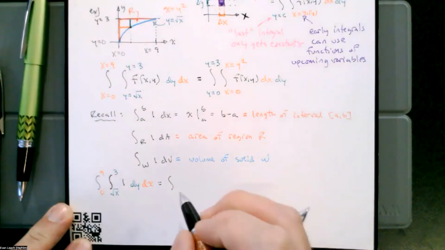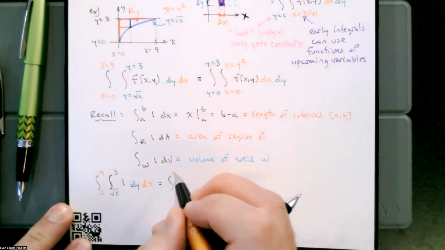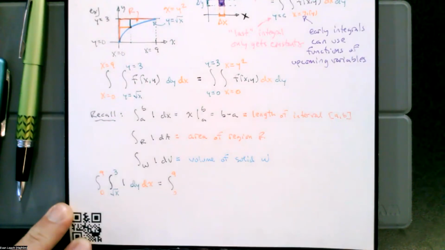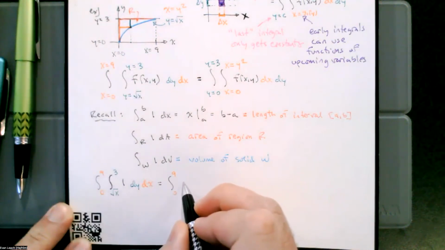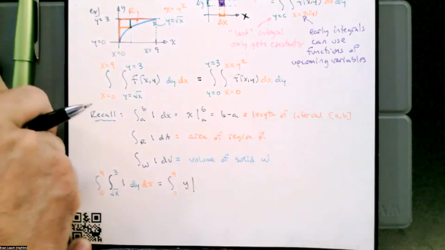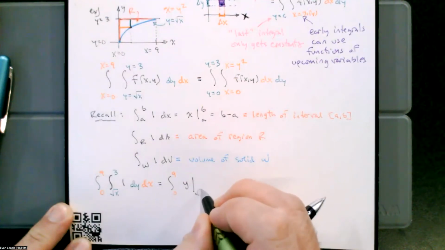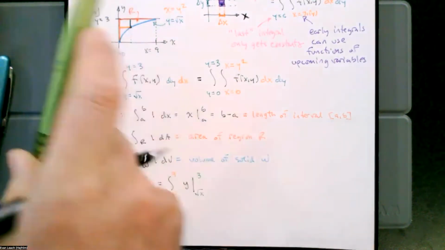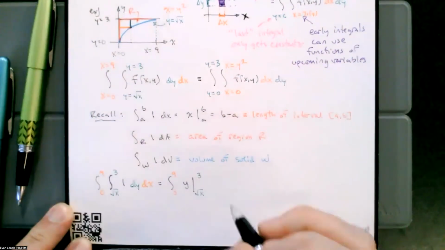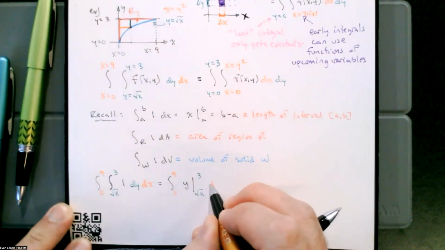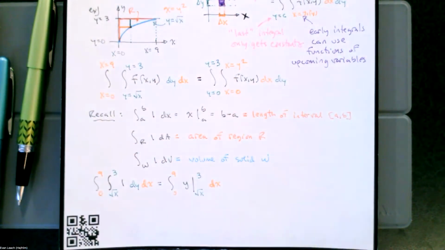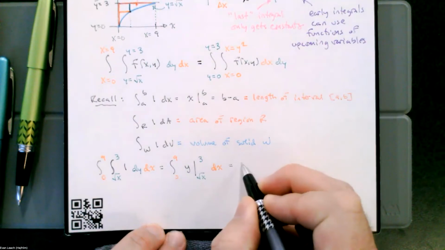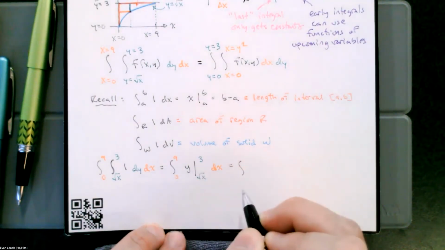We're going to start by integrating with respect to y. The integral of 1 dy is just y, and then we'll evaluate from root x to 3. We've integrated dy, but we still have not integrated dx, so I have to keep writing dx. Now plug in the 3, plug in the square root of x, and subtract. So we will be integrating 3 minus root x.